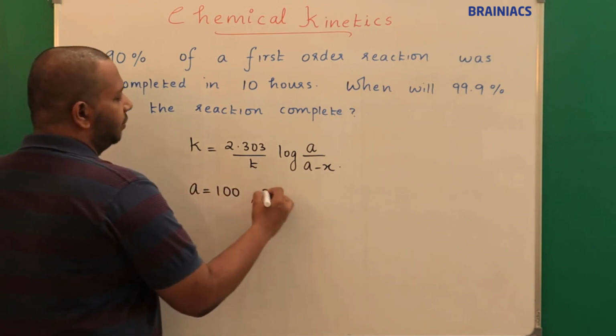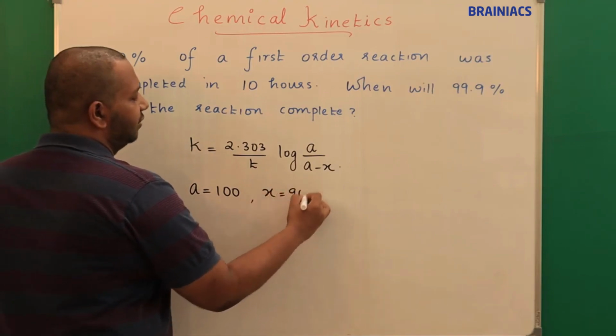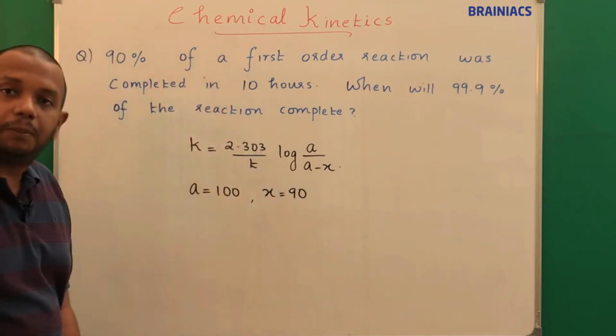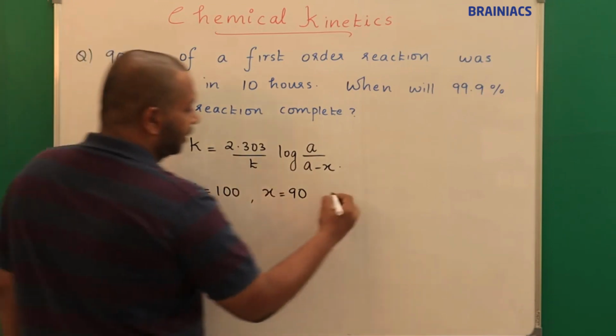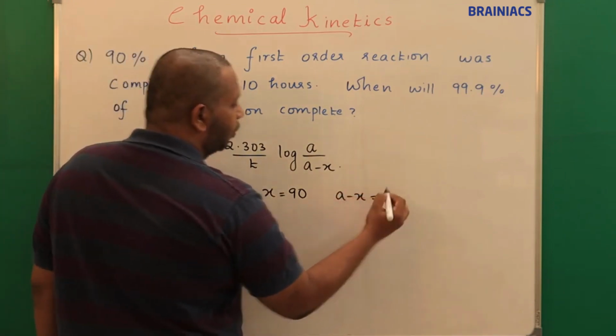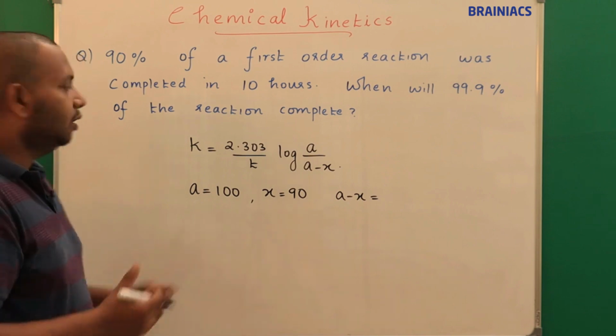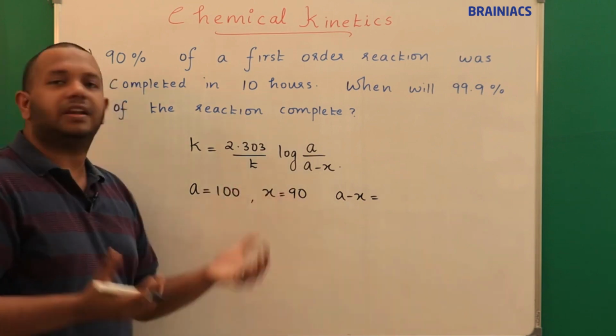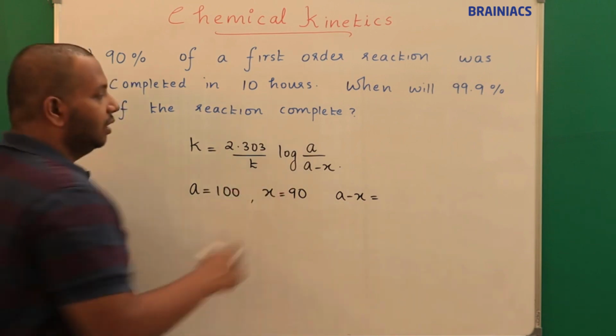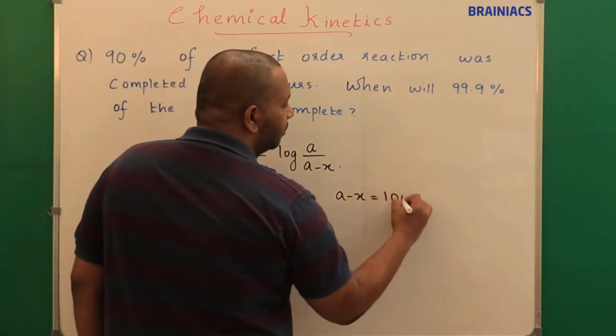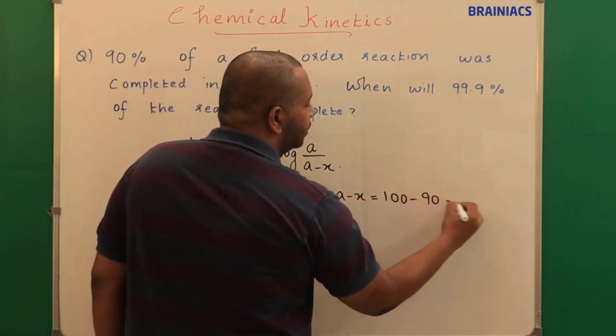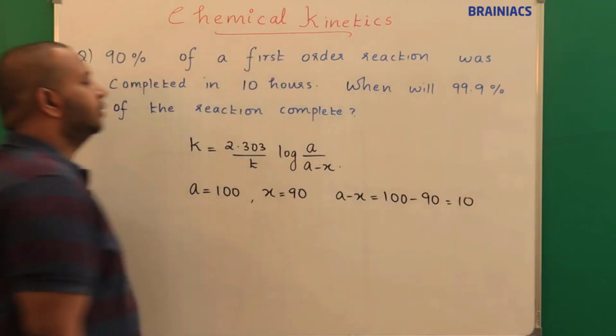Now after some time, x is equal to 90, because 90% got completed. A minus x is the amount of reactant that is remaining. So 90% completed means 100 minus 90, only 10% is remaining, which is equal to 10, correct?